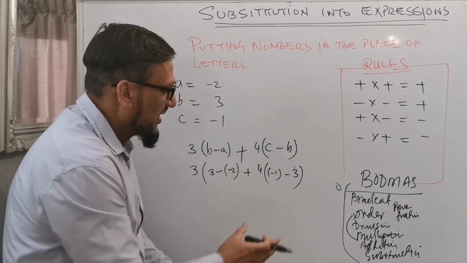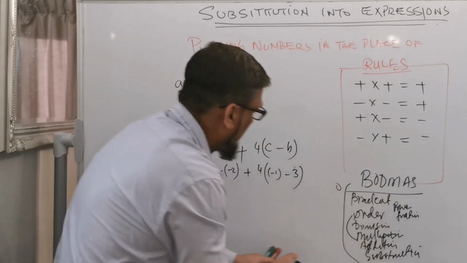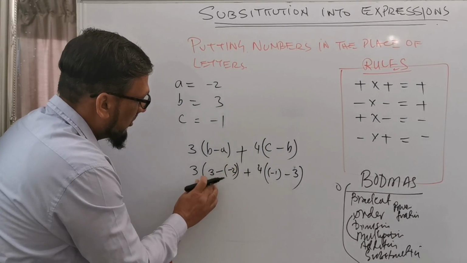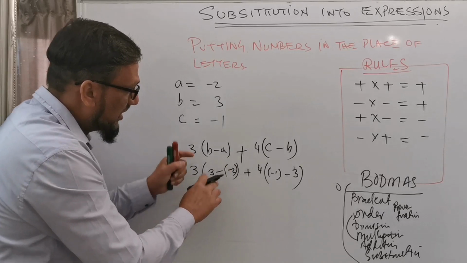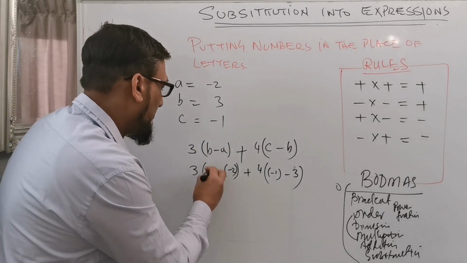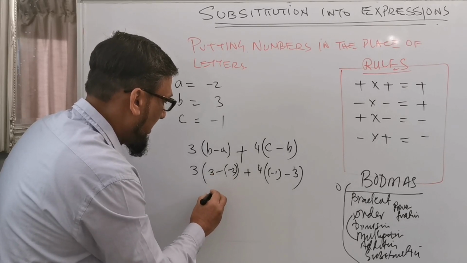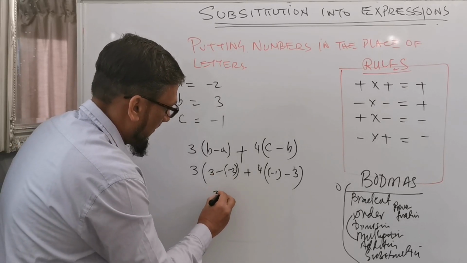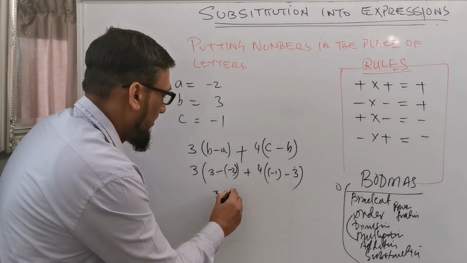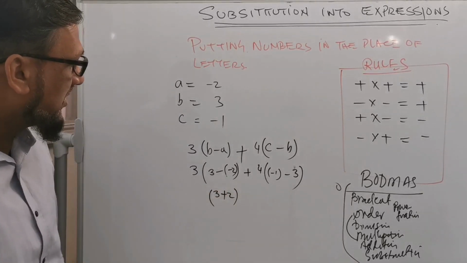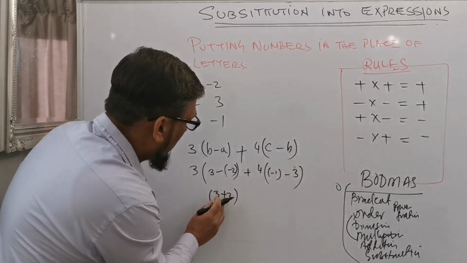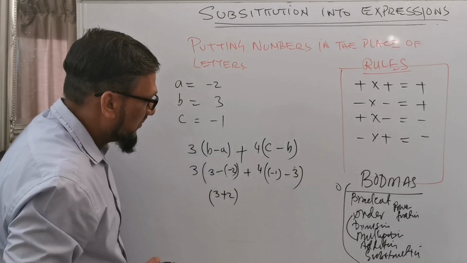Look at this one. As per BODMAS, first you need to solve the bracket. So I'm going to solve this bracket first. 3 minus, multiply minus, which is plus. Minus multiply minus is plus, and this is 3 plus 2, because this minus times minus, the sign is converted to plus.